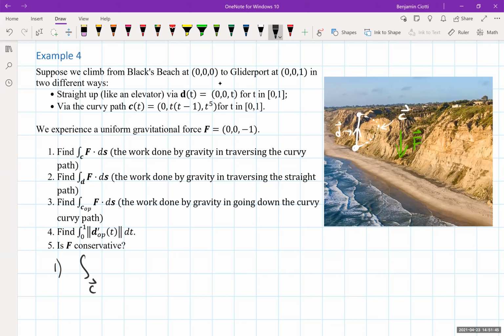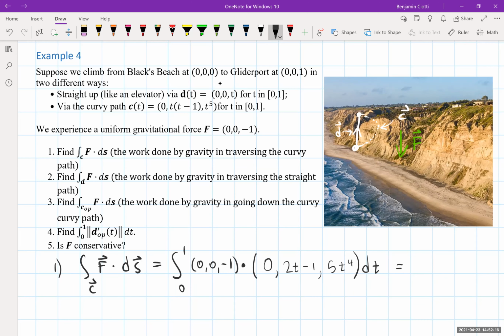That will be the integral of F dot ds on the curvy path, which is (0, 0, -1) dotted with C prime. So that'll be (0, 2t - 1, 5t^4) dt.